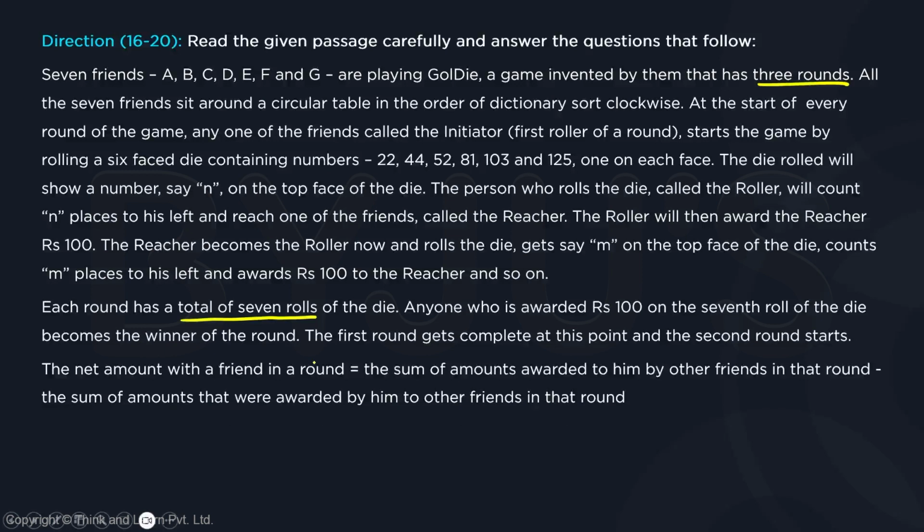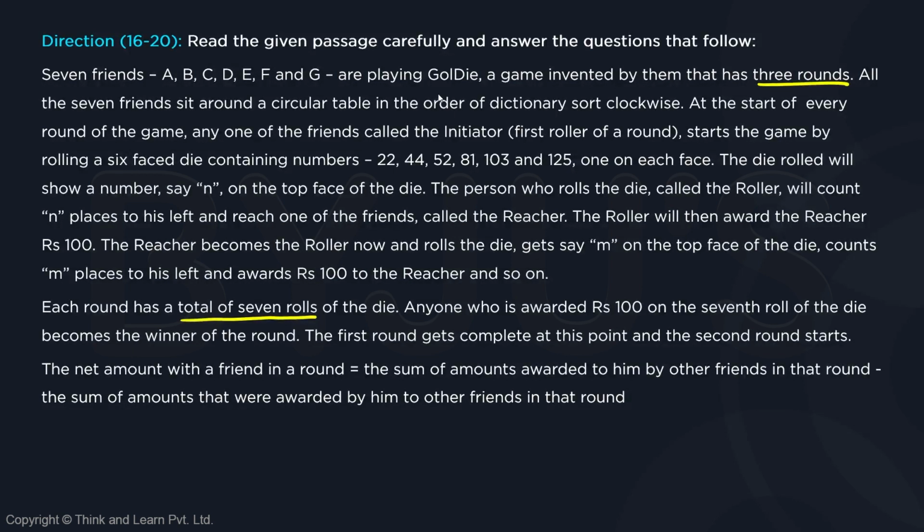So this particular game is about the rollers, the people who are sitting around a circular table, and there are 7 of them, right? So we will need an arrangement where we will have 7 people around them.